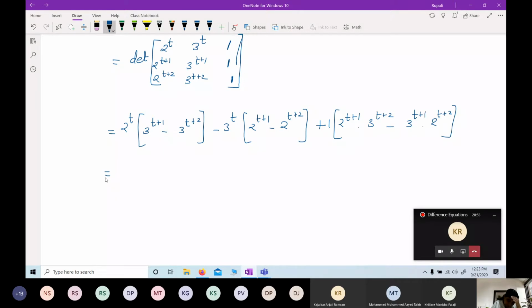Do the simplifications. From here I can take 3^(t+1) common. Do the calculations.